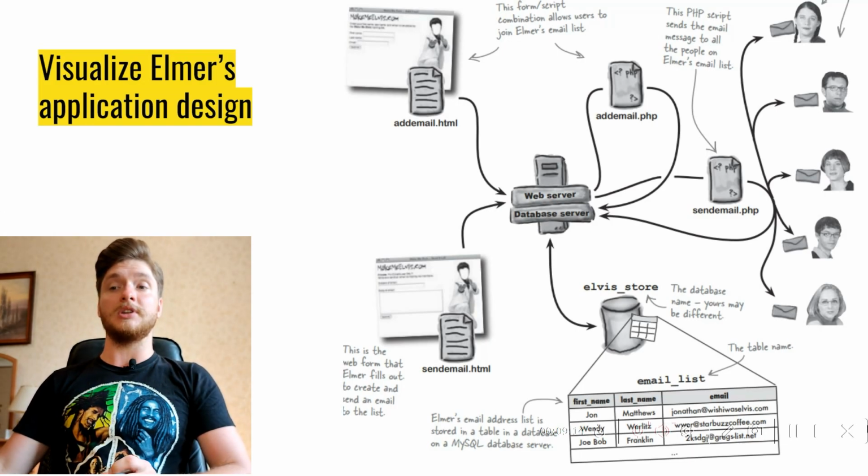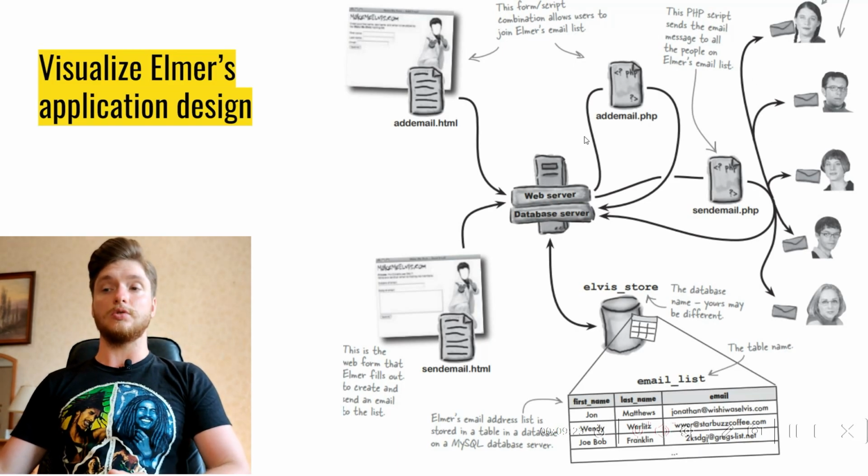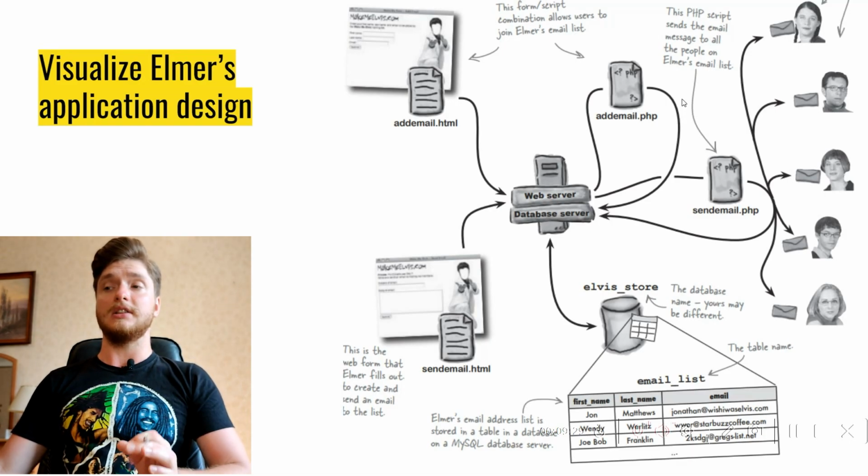This form and script combination allows users to join Elmer's email list. This script sends the mail message to all the people on Elmer's email list. These people are on Elmer's email list and receive emails that he sends to the list.